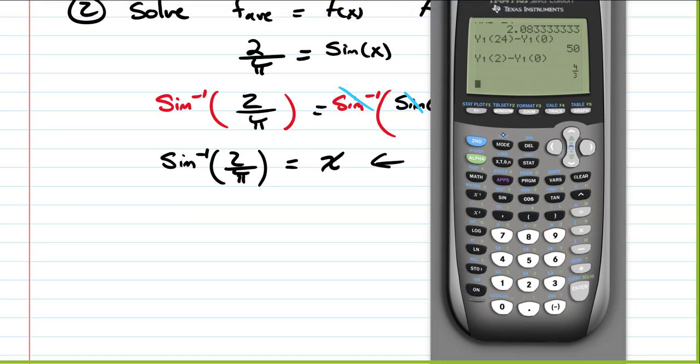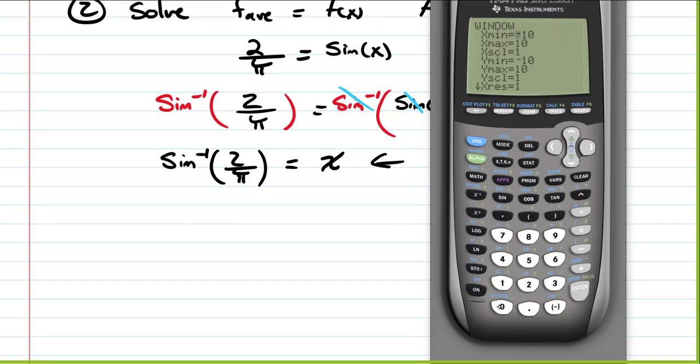So if we were to graph sine x, and then we're also going to graph 2 divided by pi. Let's go ahead and change our window.